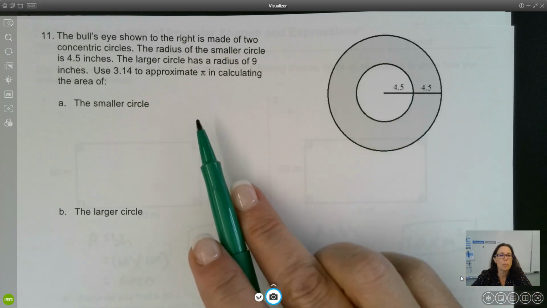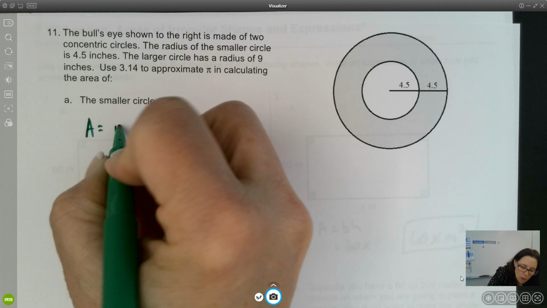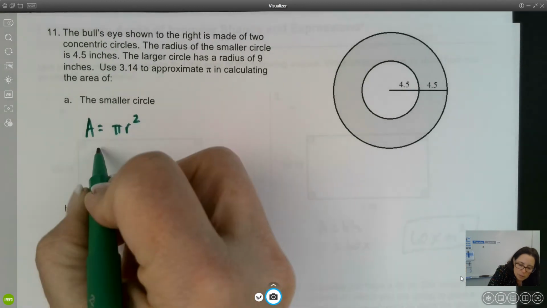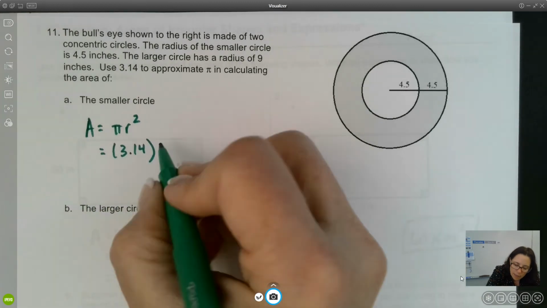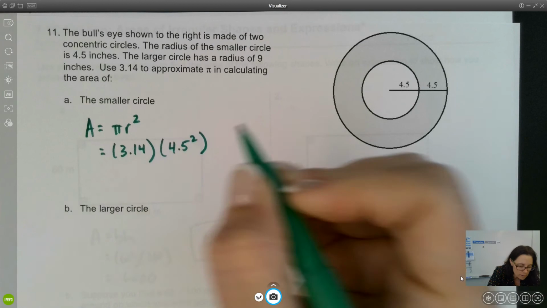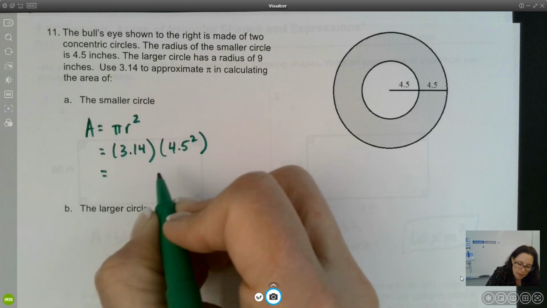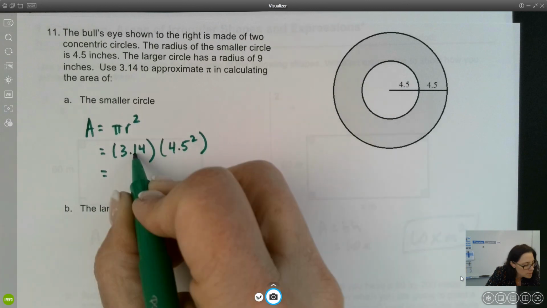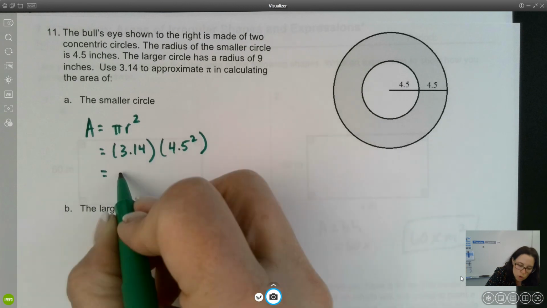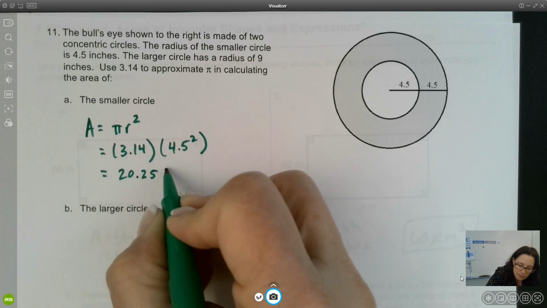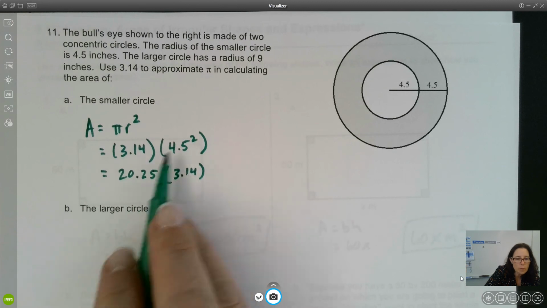It says use 3.14 to approximate pi in calculating the area of the smaller circle. So area of the smaller circle is pi r squared. I'm going to plug in 3.14 for pi, and then 4.5 squared is going in. 4.5 squared is 20.25.